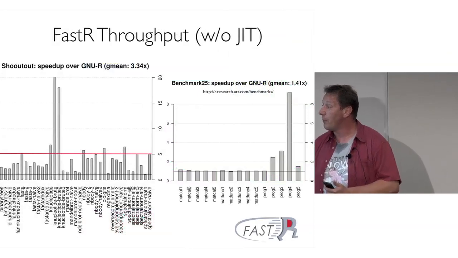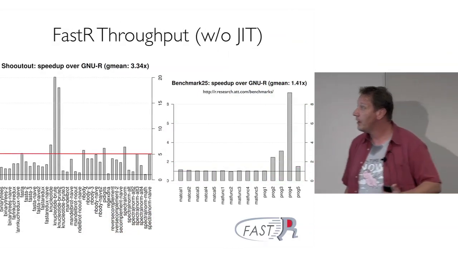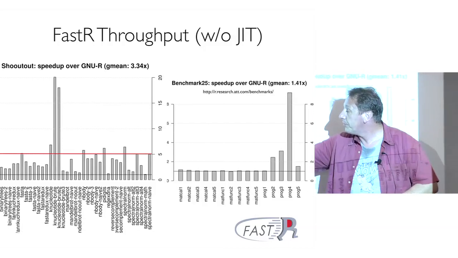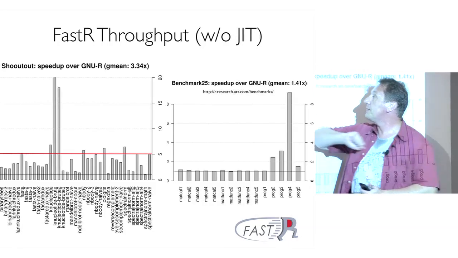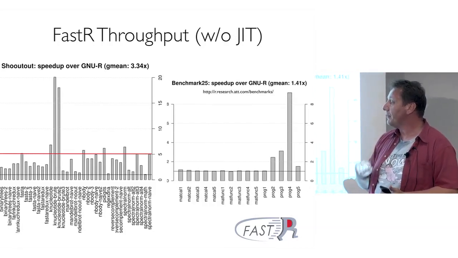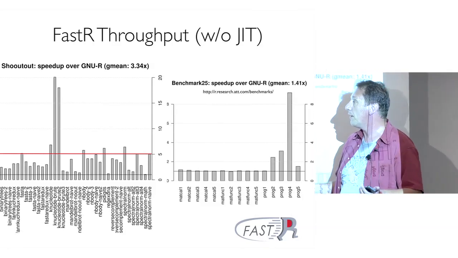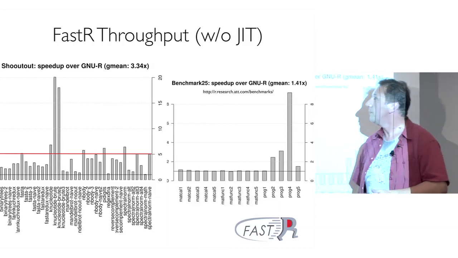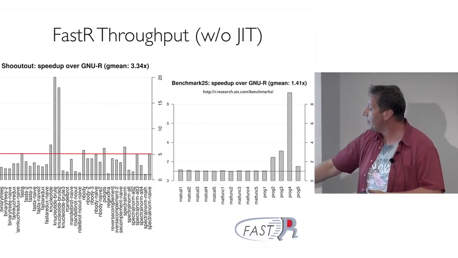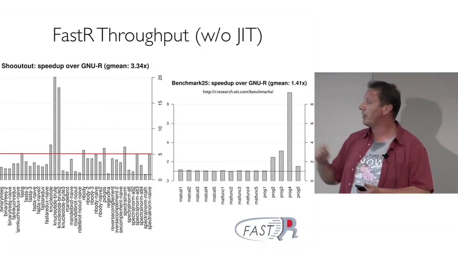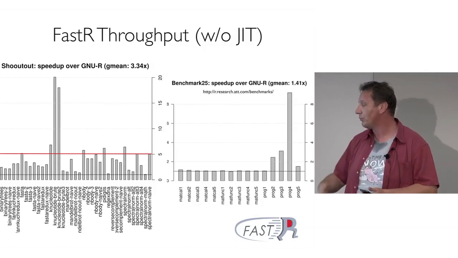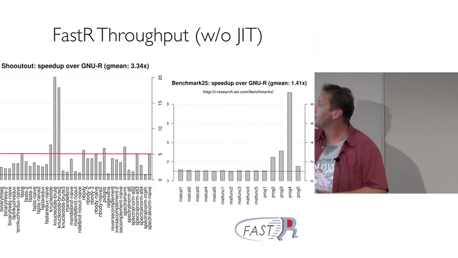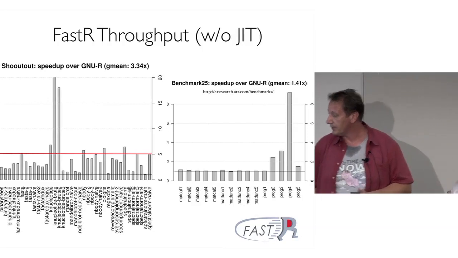In terms of performance, what we can run today, there's a bunch of versions of the shootout. The mean speedup is 3.3. So we're always faster than the GNU-R implementation, sometimes up to 20, but mean 3.3. Then there's another set of benchmarks which are one-liners, mostly going down to C code, and there we're just about 1.4 times faster.